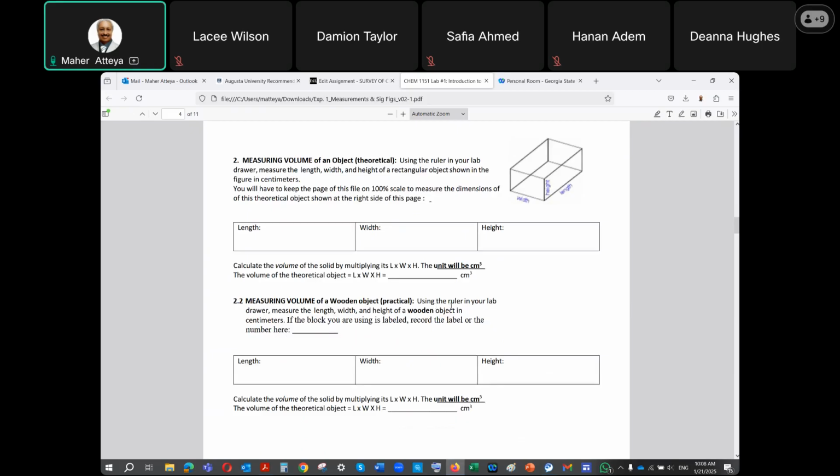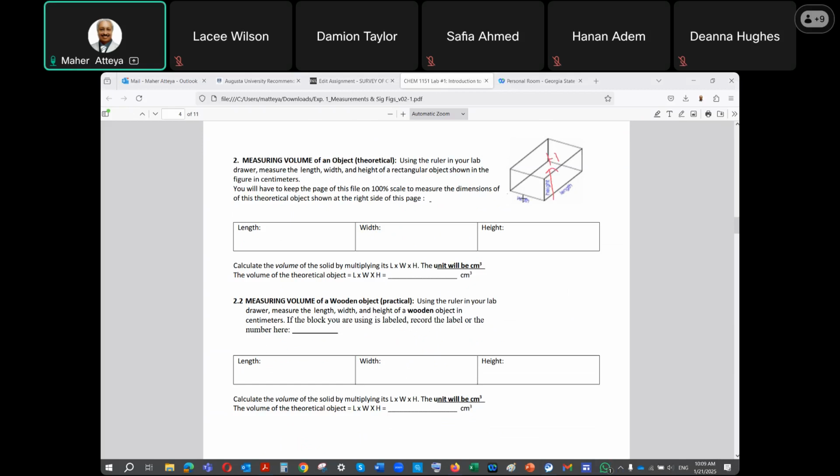As you can see, you have to be on 100% in Microsoft Word, and then you will measure with a ruler. If you have none, you can use some measuring tool to measure the length, the width, and the height. This one here will be h, the height.